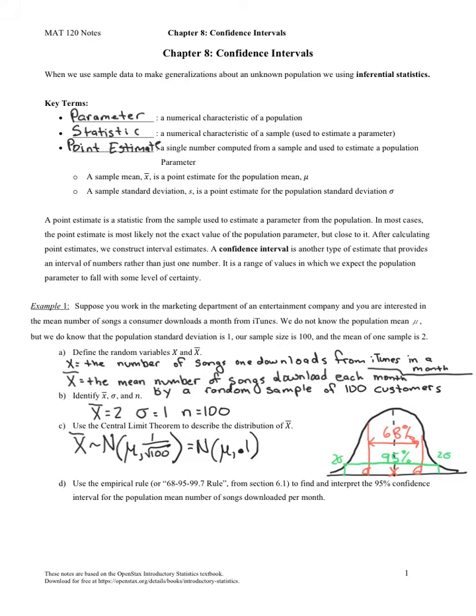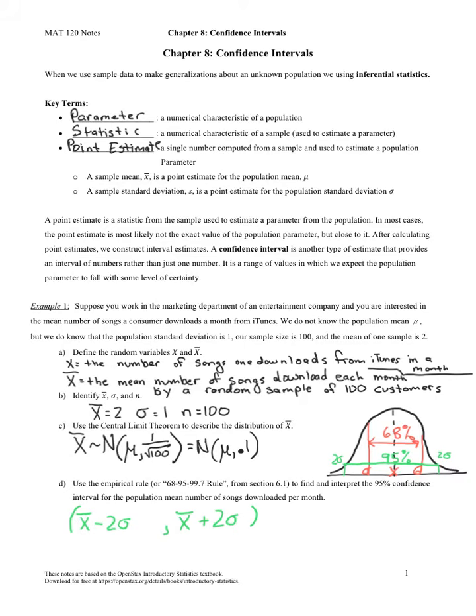Now, let's tackle example D. We're asked to find a confidence interval to interpret the 95% for the population mean of songs downloaded per month. Here's what we're going to do. We're going to start with an interval, and the lower bound, our lower estimate, is going to be our mean minus 2 standard deviations, where the upper bound is going to be our mean plus 2 standard deviations.